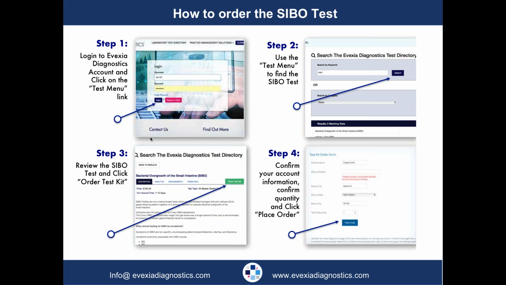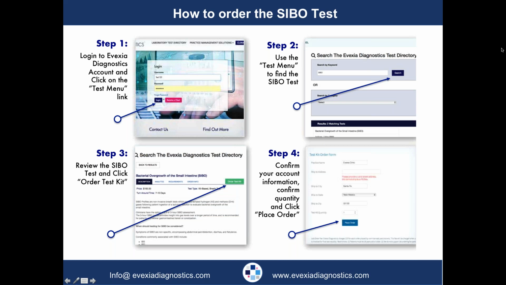what you need to do to get ready for the test, and then if you see the arrow pointing to the green, you can order the test right from that page, and it will bring you to a section that will have your address information already filled in. You just enter how many of the test you want, and then you go ahead and place the order.